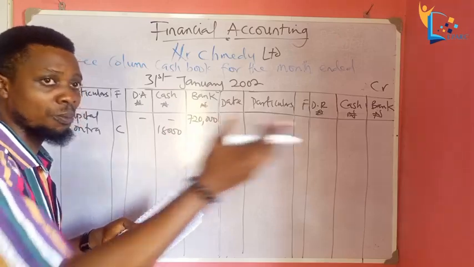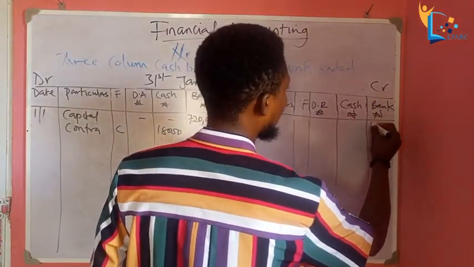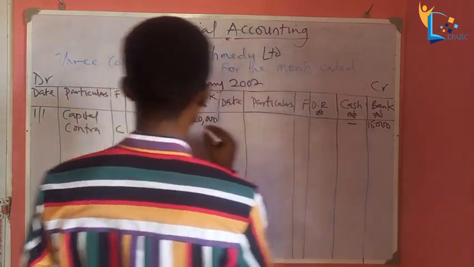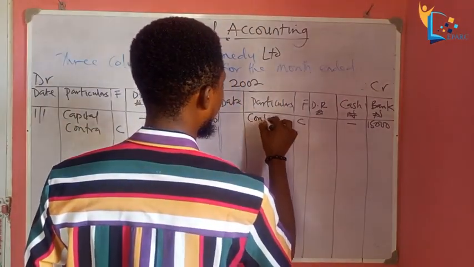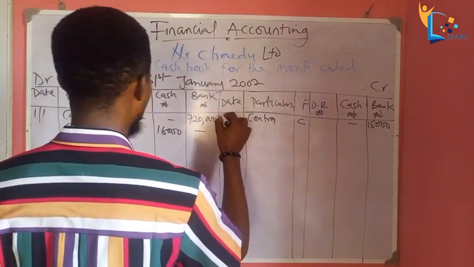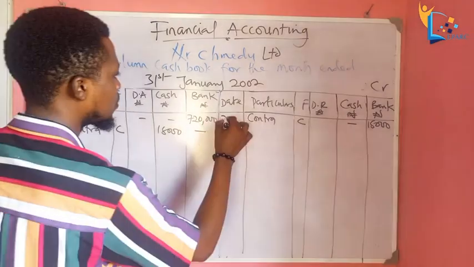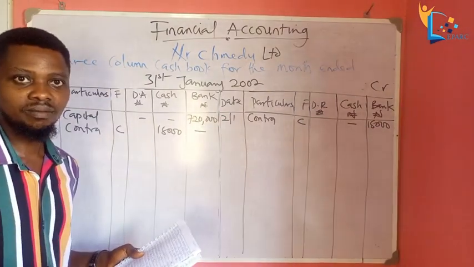Withdrew cash for office, so bank is giving, bank gave. So you come here, 18,000. Contra. What date is that? 2nd. Okay, this is it.